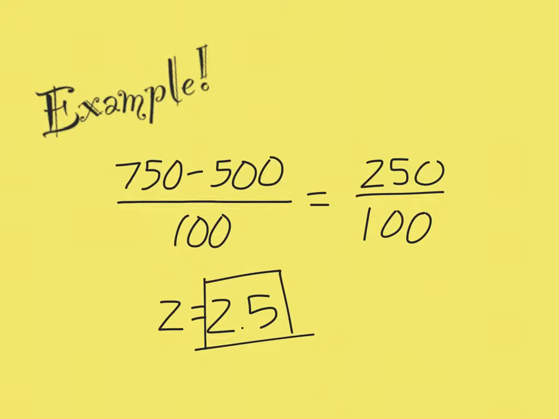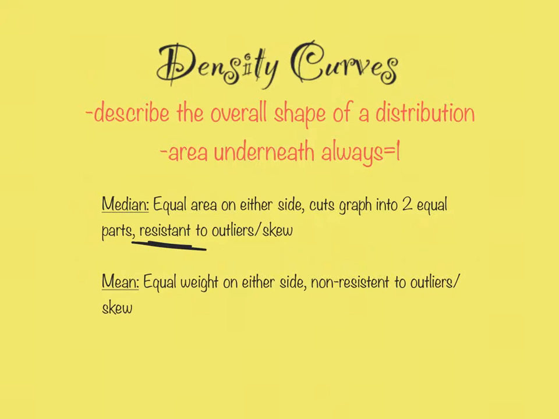And so the median in a density curve is when there's equal area on either side, it cuts the graph into two equal parts, and the median is resistant to outliers or skew, while the mean is when there's equal weight on either side, meaning that it's the point where the curve would balance, and it is non-resistant to outliers or skew. Here we have 4 different types of density curves.